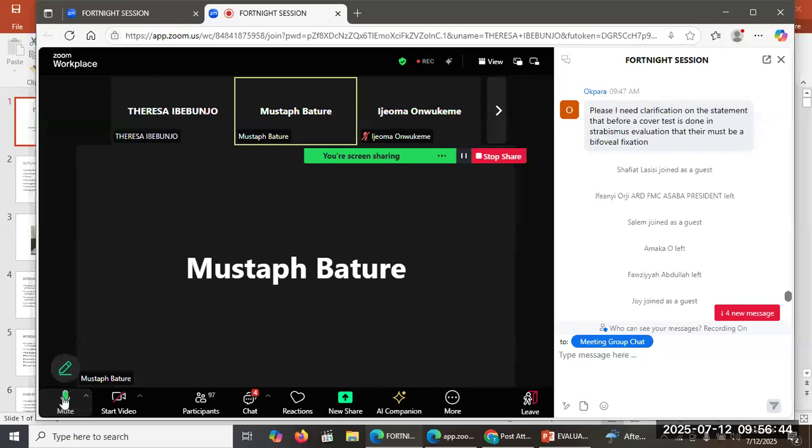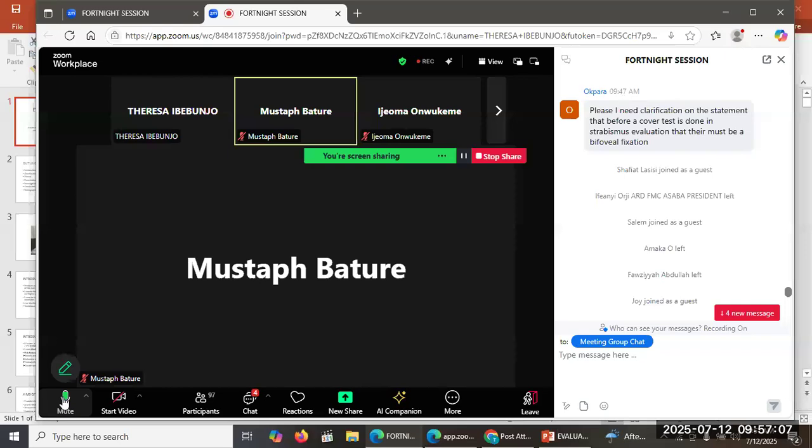Someone said, please, I need clarification on the statement that before a cover test is done in strabismus evaluation, there must be a bifoveal fixation. The patient should be able to fixate with the fovea in each eye for you to be able to do a cover test.